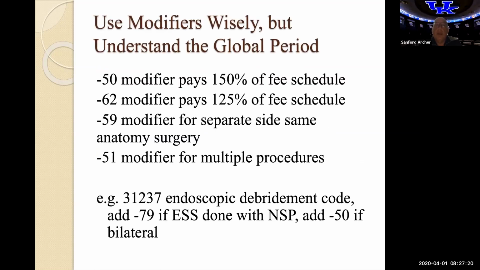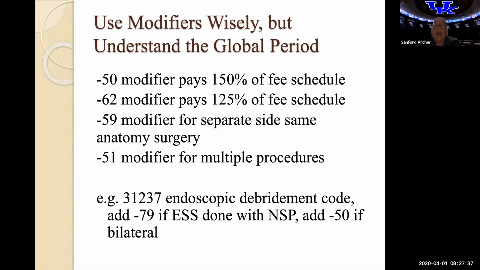So again, you want to use modifiers widely, but the global period, which may come to an end in the next few years, is critical for use in determining what is and isn't available on a modifier basis. And I'll go over that on the next slide.